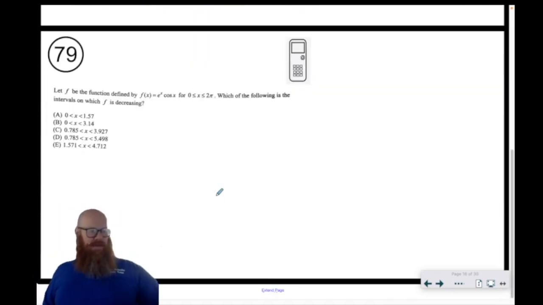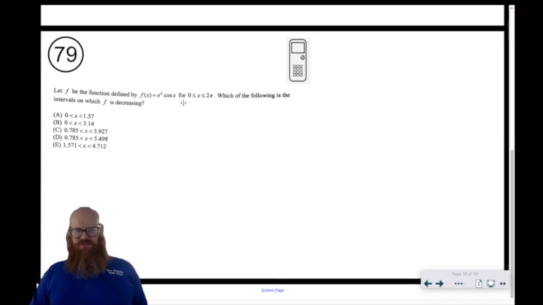All right, as we keep moving here, we are on number 79 of the calculator portion of the MCQ for our BC practice test. We've got this function, which are the following intervals for which f is decreasing. I think we could just graph this.